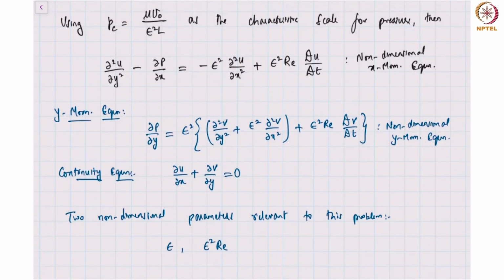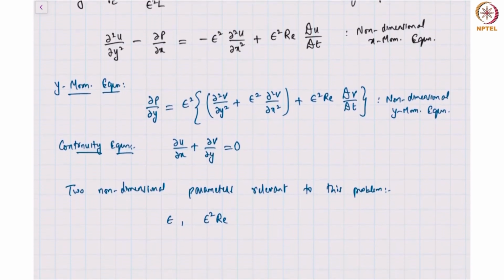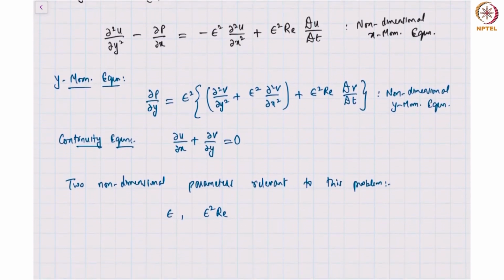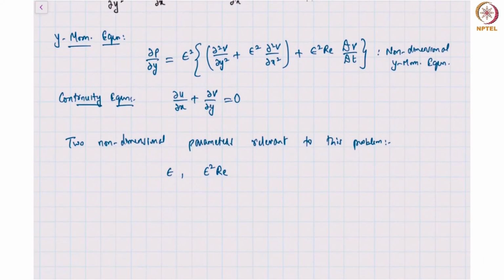Though the non-dimensional parameter is indeed epsilon square, epsilon and epsilon square Reynolds number are the relevant non-dimensional terms. Now we already know that epsilon is very, very small. We also say epsilon square Reynolds number is very, very small.